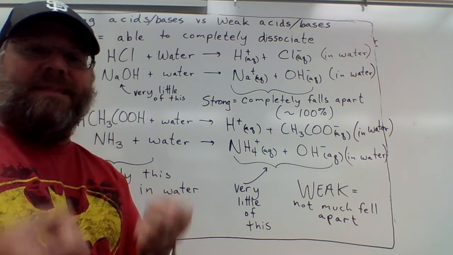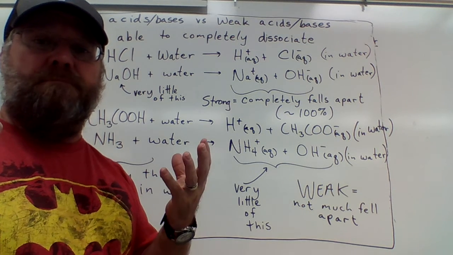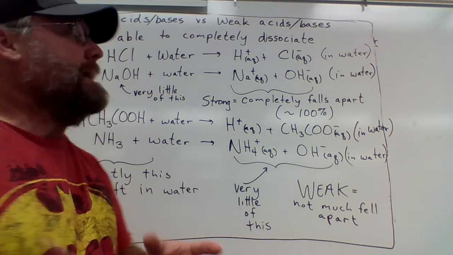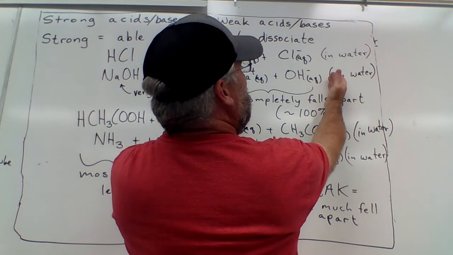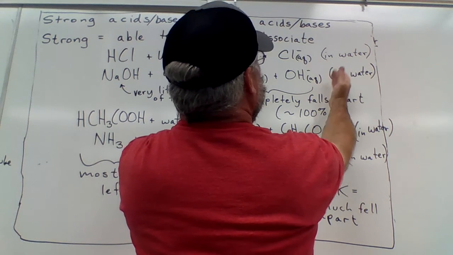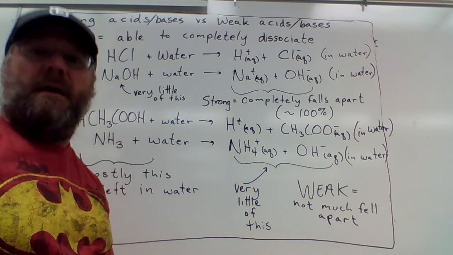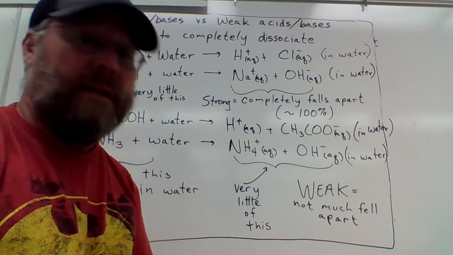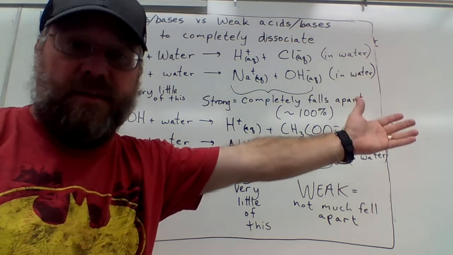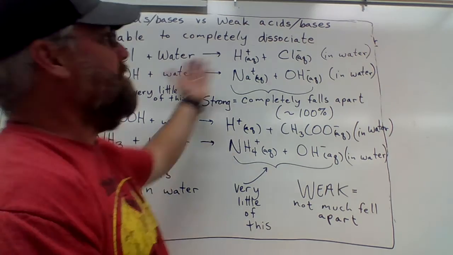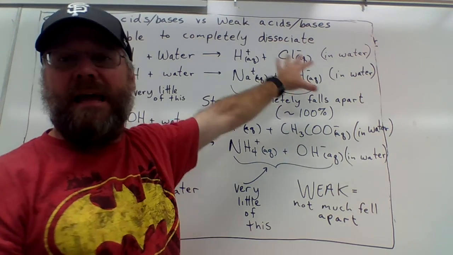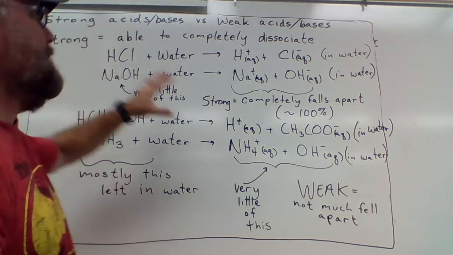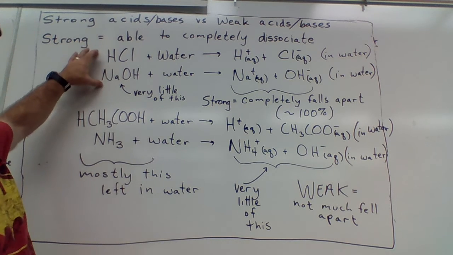But with strong acids and bases, the idea is that most everything goes to this side. Okay, what we say is the equilibrium falls to the right.